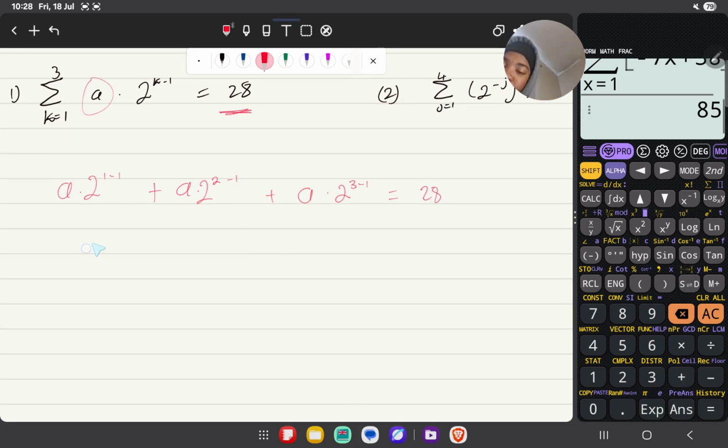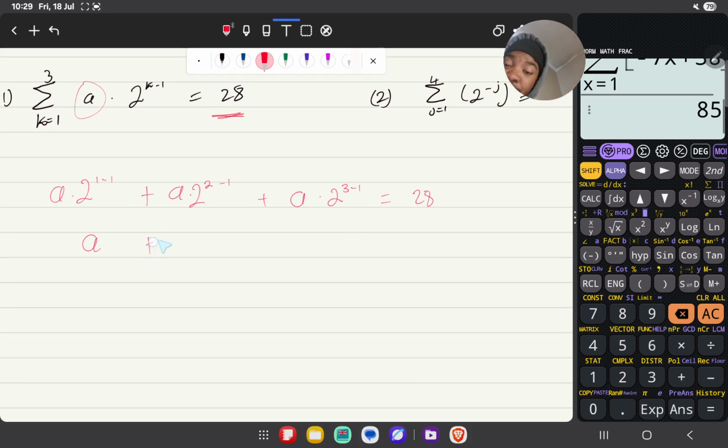So you have a multiplied by 2 to the power of 0. I'm just not going to write it because 2 to the power of 0 is 1, anything to the power of 0 is 1, and we are multiplying, so it doesn't make any difference. Plus this is going to be 2, so you have 2a here, plus here this is 2 squared, so 4a. 3 minus 1 is 2, so 2 to the power of 2 is 4.